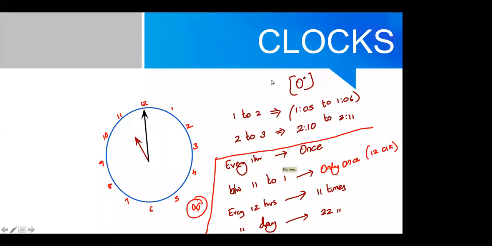Due to that, every 12 hours 11 times. Every day 22 times. Now come back to the 180-degree situation.